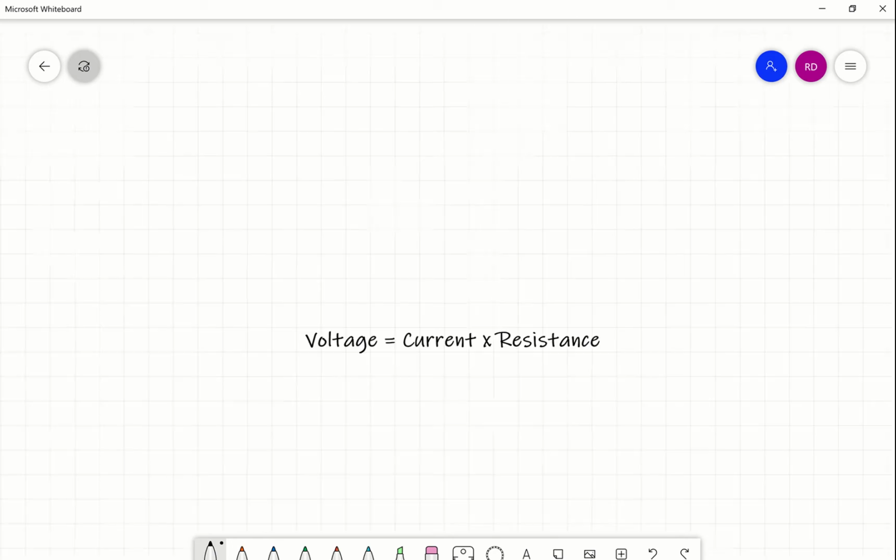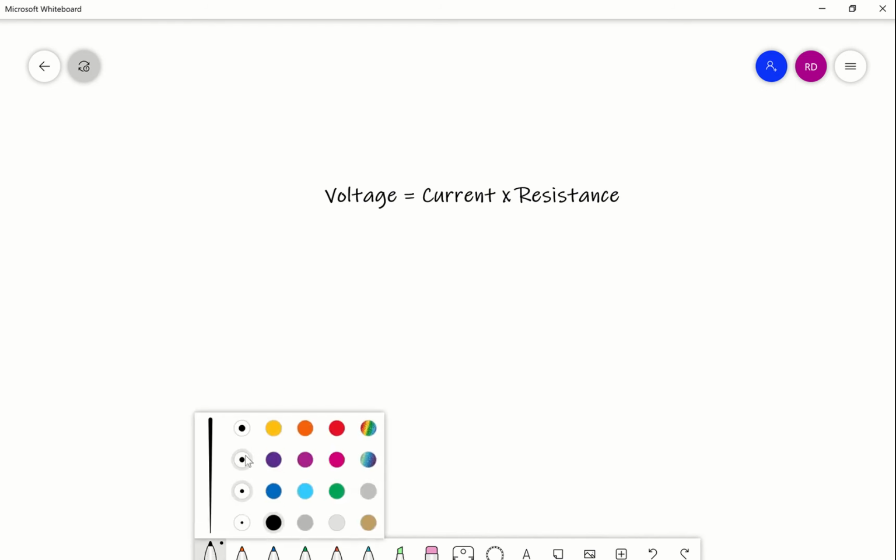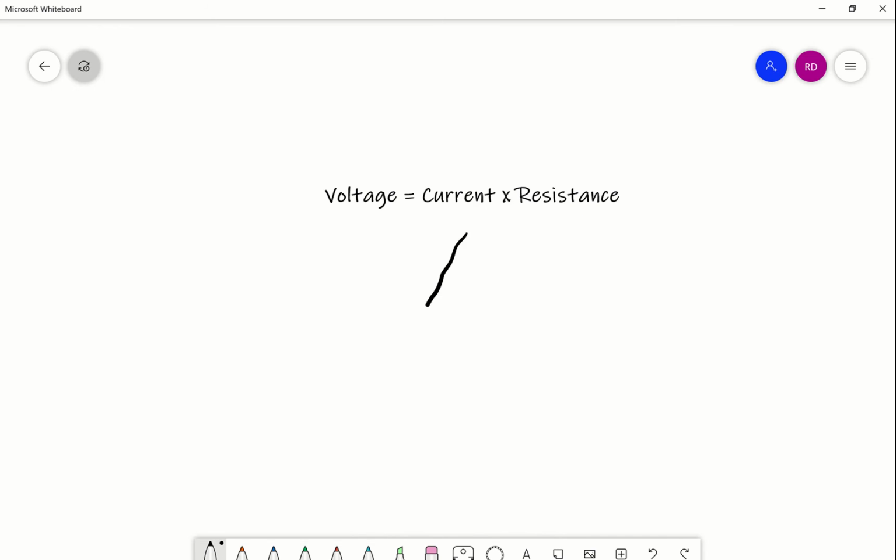Okay. And now we also know, when I discussed the triangle as well, an easy way of remembering it. So in this, obviously V stands for voltage, I for current, and R for resistance, okay? We have V at the top.